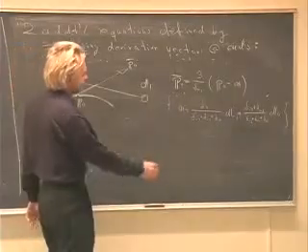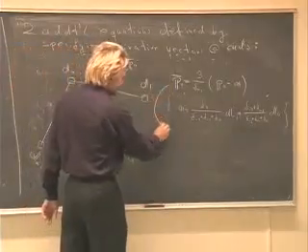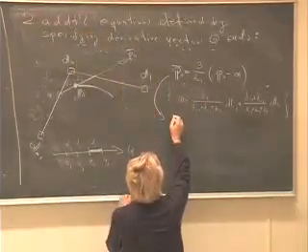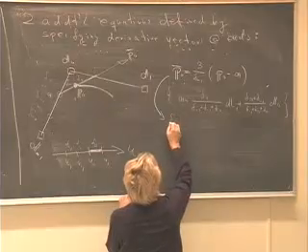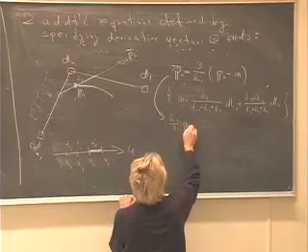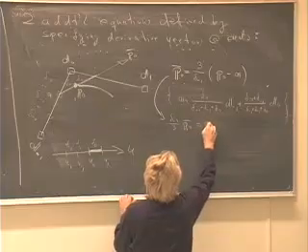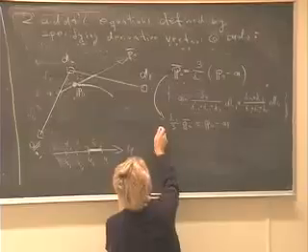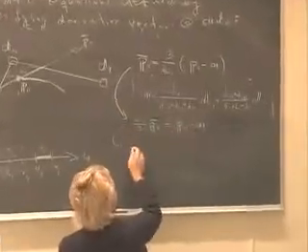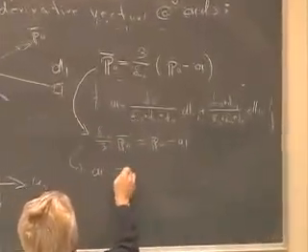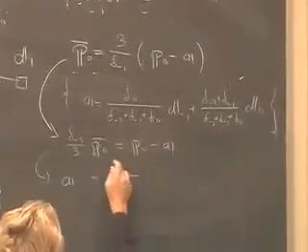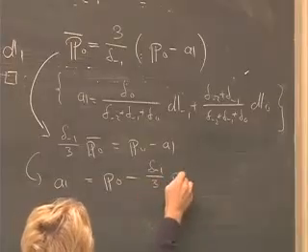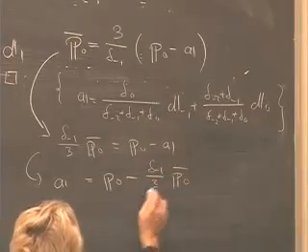Now I rearrange the thing a little bit and bring this over on the other side. So I have delta minus 1 divided by 3 p0 bar equals p0 minus a. Okay, I don't like this either. I want to have the a on one side, so I bring a over as positive. So I have a equals p0 minus delta minus 1 over 3 times p0 bar.